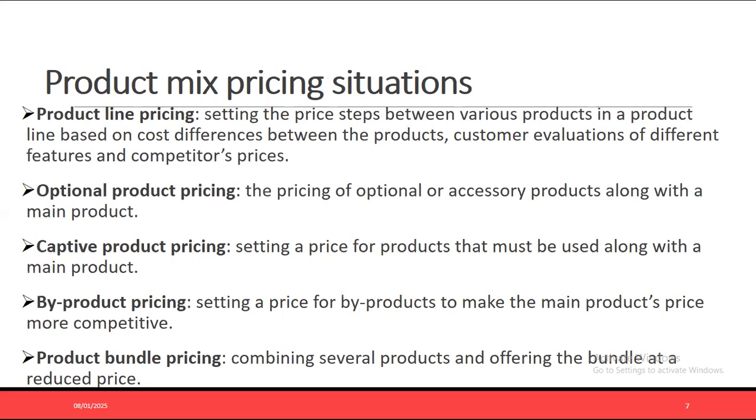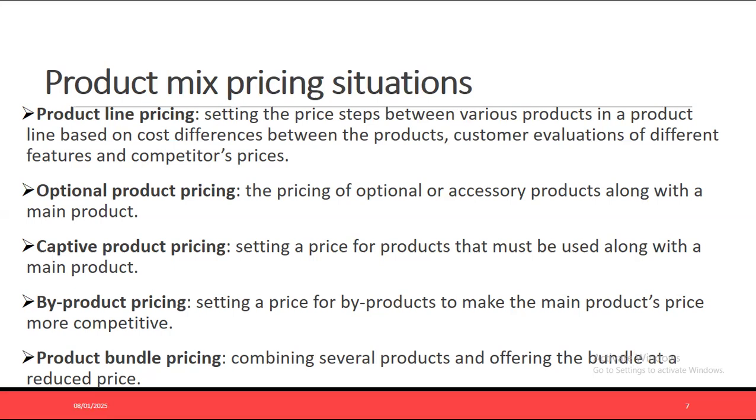So we have looked at product mix, and we have said that for organizations, you realize that they are not in most cases dealing with one product. Okay, so for a typical organization, they have more than one. So we talk of the product mix. So how then do we price, or what are some of the ways to price when you have a product mix? Okay.